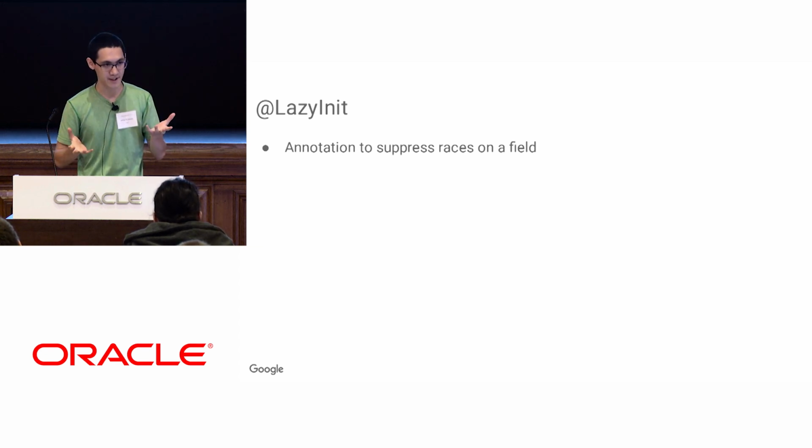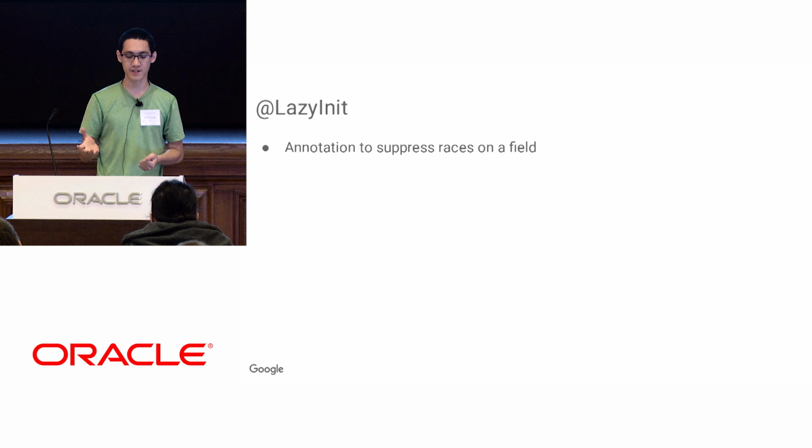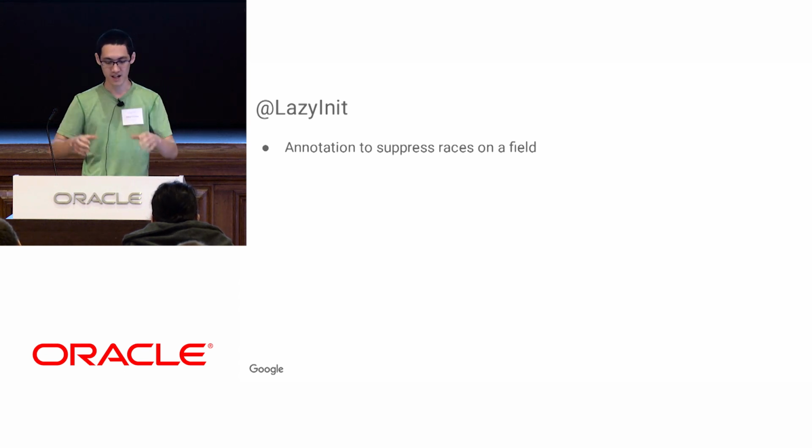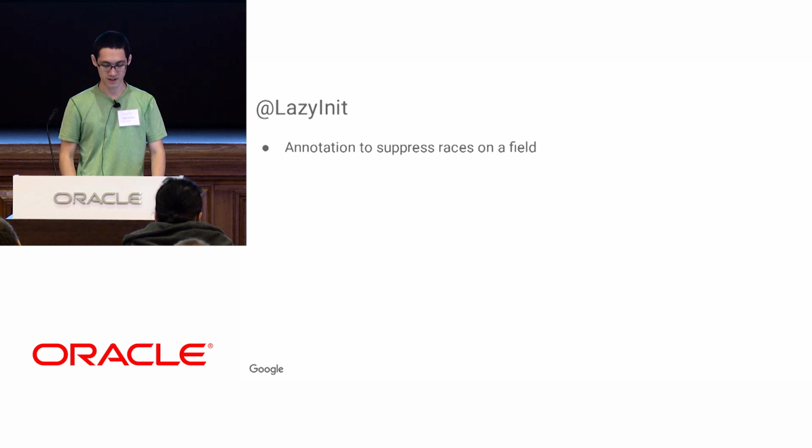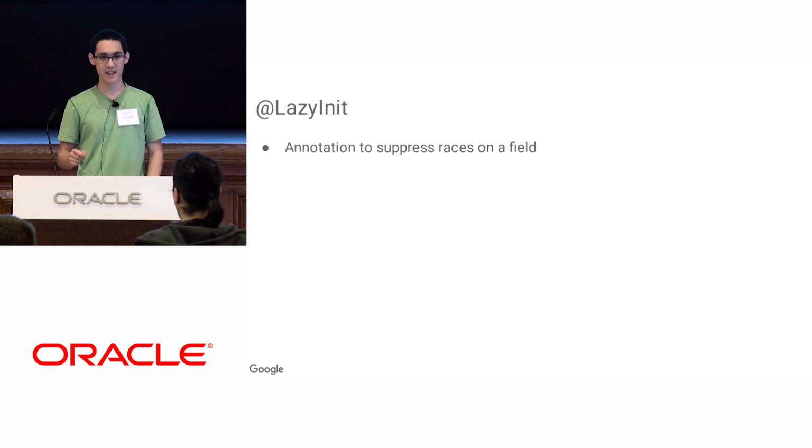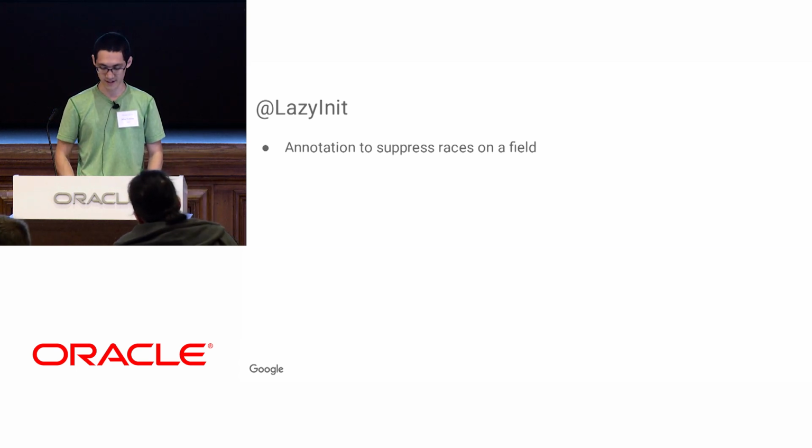Technically it's a race, but it's okay because you can only ever see either 0 or the hash. In cases like these, we want to tell TSan that we know there's a race here, and just not report anything on it. So we have an annotation that you can add to a field.